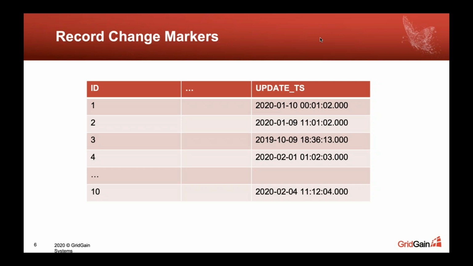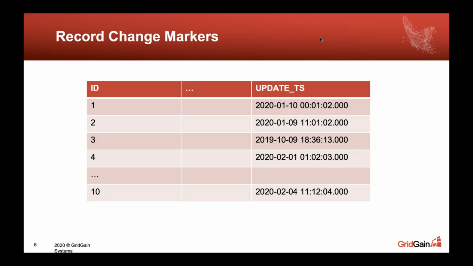I omitted the actual content of the table because it doesn't really matter. For us, it's important to know that we have IDs of rows in this table, and we also attached a separate column which I called update timestamp. When you update the table or insert some rows, you basically capture the current moment and insert it into the update timestamp column.